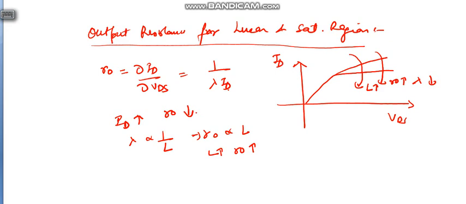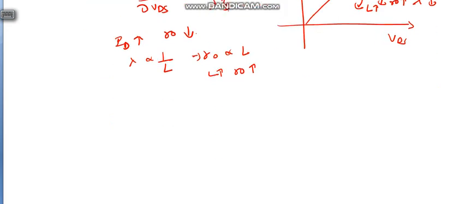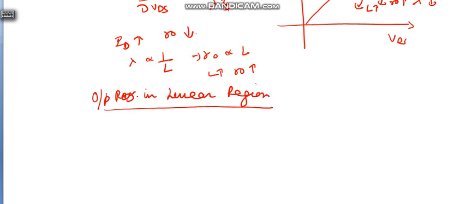Okay, now let's see the output resistance of the MOSFET in the linear region. In the linear region, or we can say the deep triode region, VDS is very small, less than VGS minus VTH, and this is known as R on.